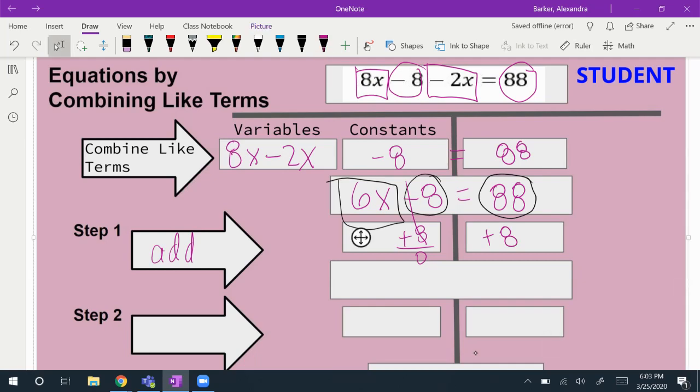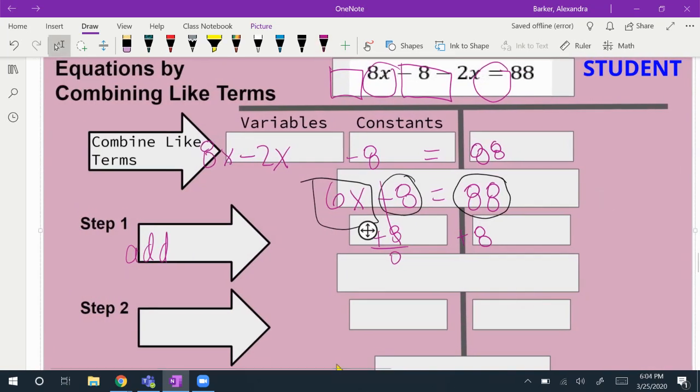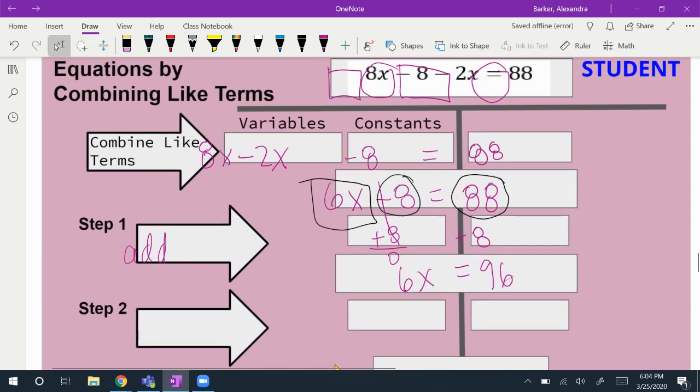So I have left for me, oh dear. Sorry. Okay, I have left over here 6x, that's my variable term, equals 88 plus 8 gives me 96. So I've got 96, okay? All right. Oh, I apologize. I think I moved the picture, and I think that threw everything off a little bit.